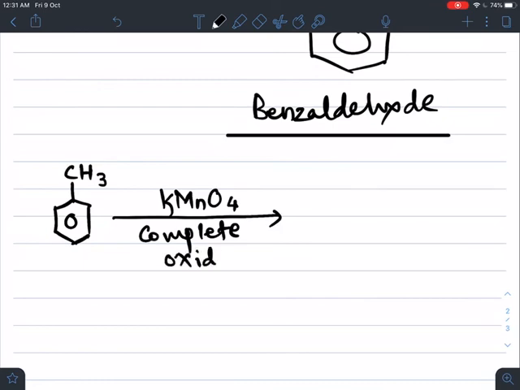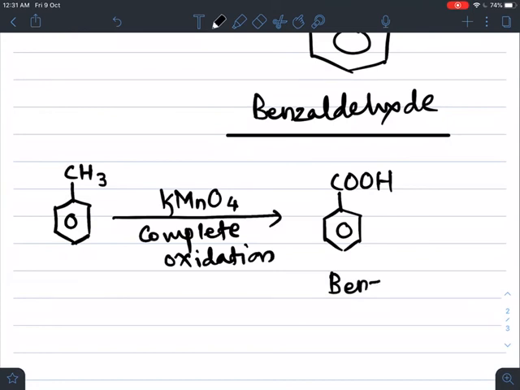If KMnO4 is used as the oxidizing agent, it is finally converted into the completely oxidized product, that is benzoic acid. So benzoic acid is prepared from toluene if KMnO4 is used as the oxidizing agent.